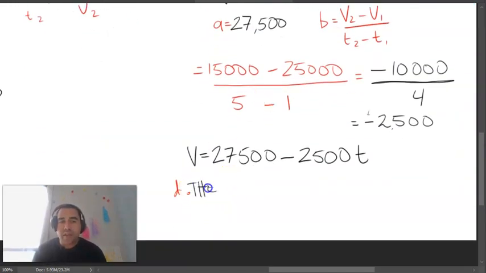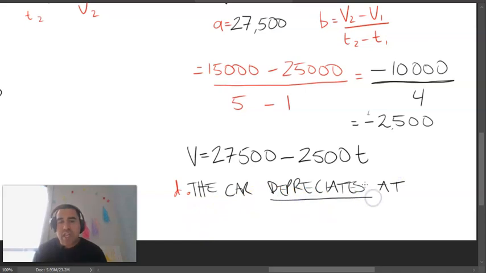The car depreciates at... Now the fact that we've said depreciates is showing some form of negative. So you can say the car is going down in price, the car is losing value at.